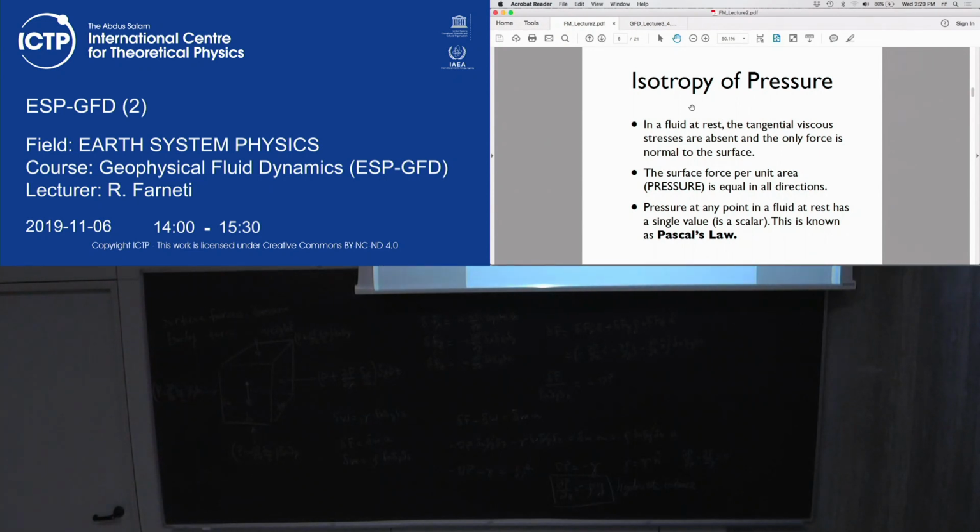Is it so? You said there should be a plus here. No, it should be a minus because it's in the downward direction. So in this convention it is minus. Z is positive upward, and the downward direction is negative.